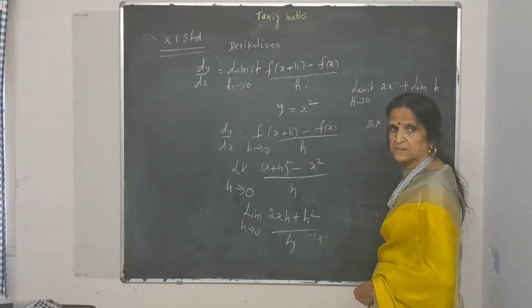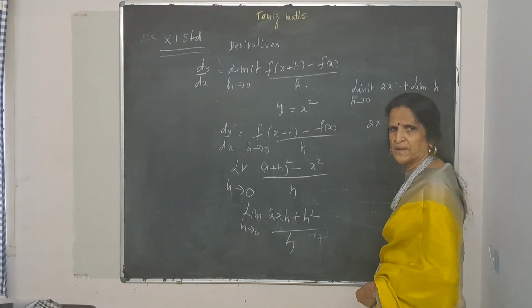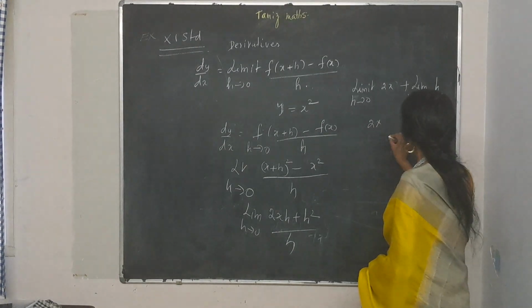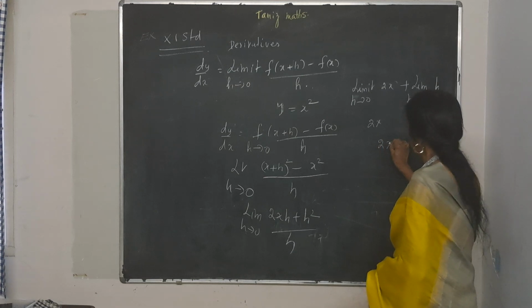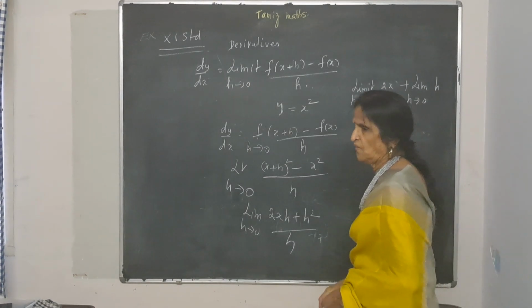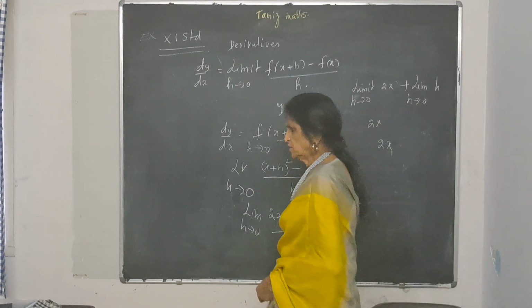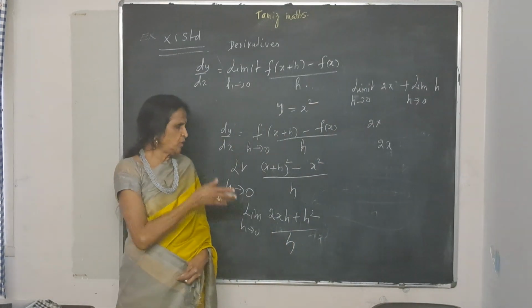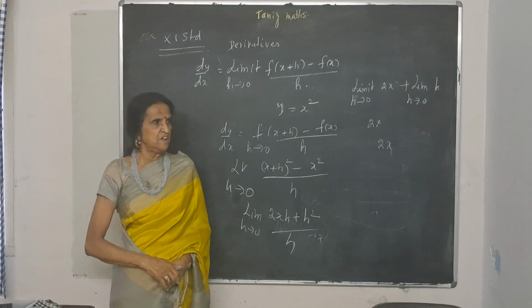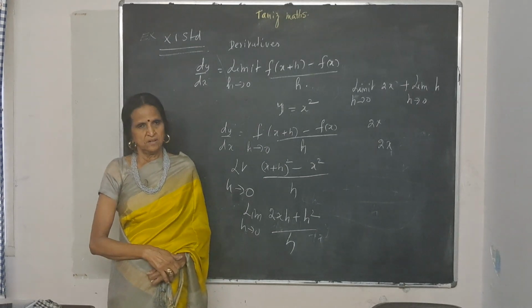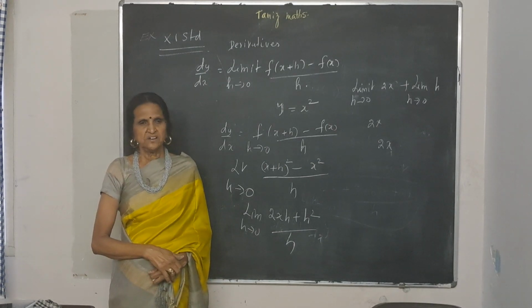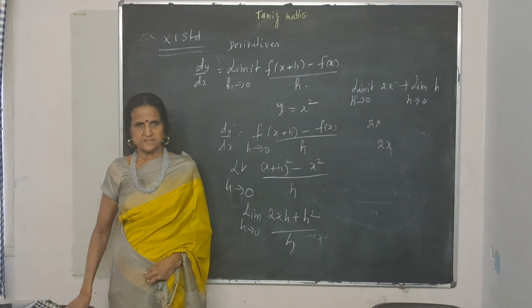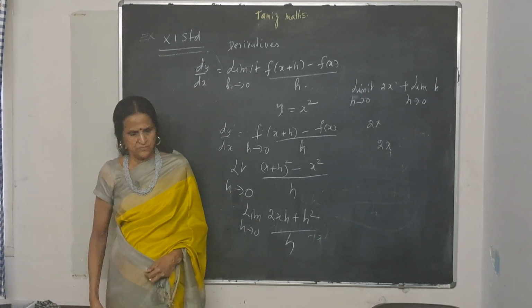So what is the limit of h when h tends to 0? 0. So 2x plus 0, that will be 2x. So what is the derivative of y is equal to x square? 2x. The process you have done is differentiation, and what you have arrived at is the derivative. So the derivative of x square is 2x. Like that you can do everything.